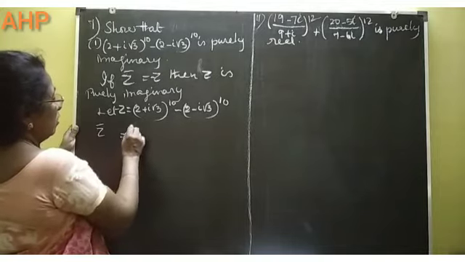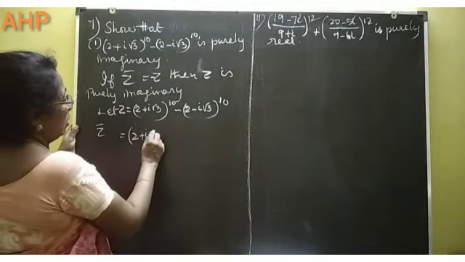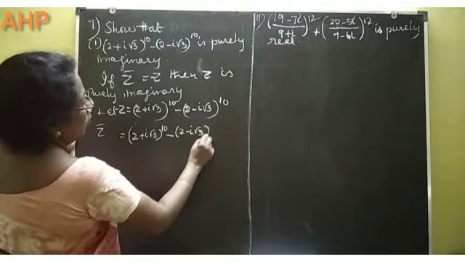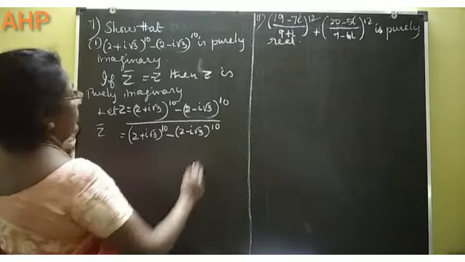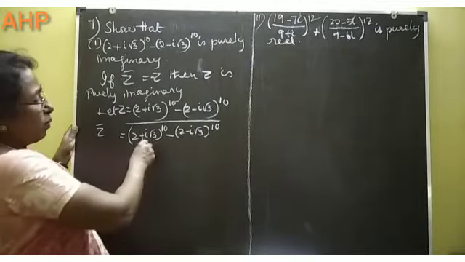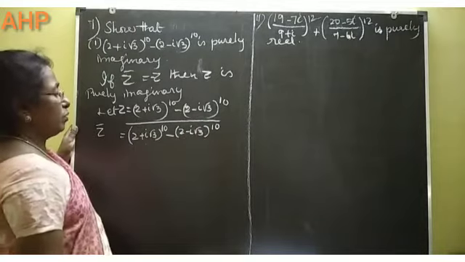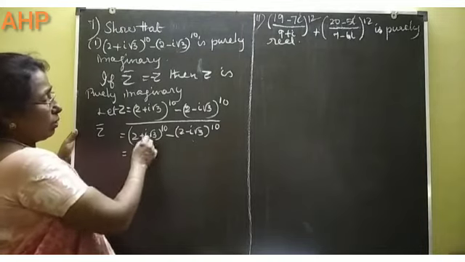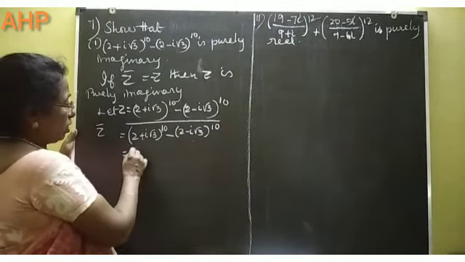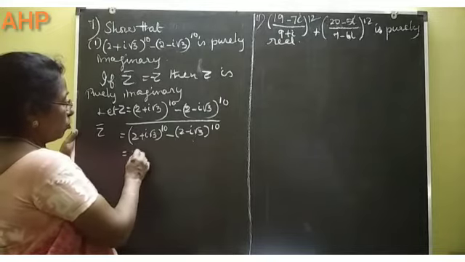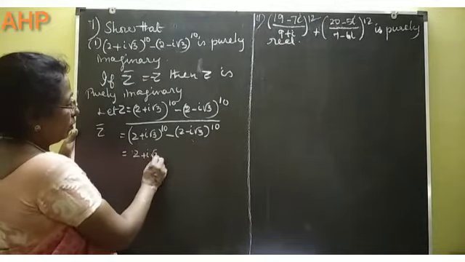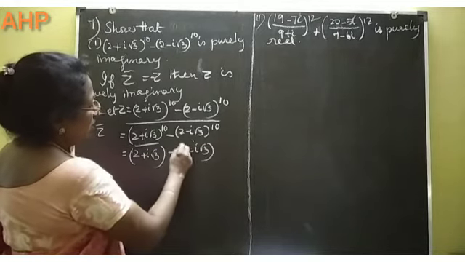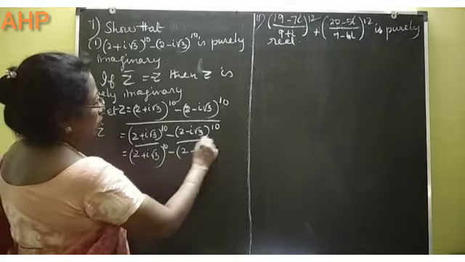Z bar is equal to [(2 plus i root 3) the whole power 10 minus (2 minus i root 3) the whole power 10] the whole bar. So if it is of the form z1 minus z2 the whole bar, by the property we can separate it. So this is going to be z1 bar minus z2 bar. So (2 plus i root 3) the whole bar minus (2 minus i root 3) the whole bar.